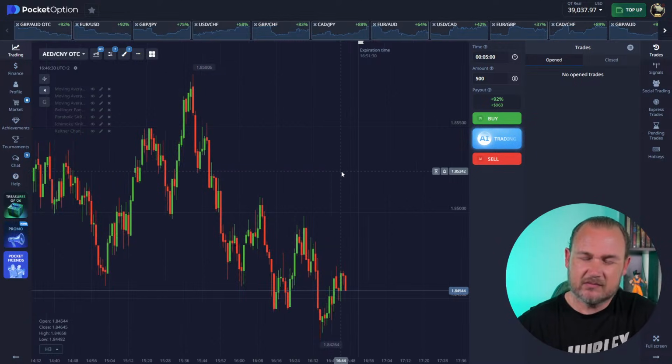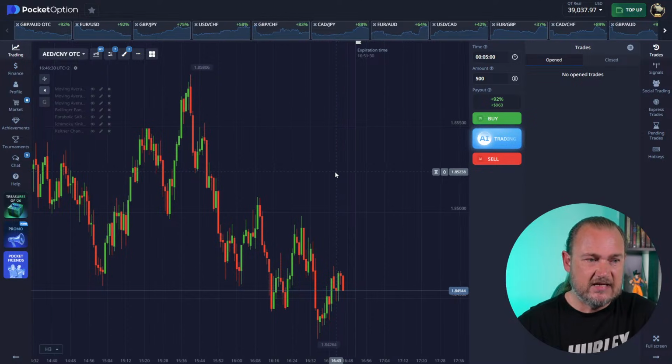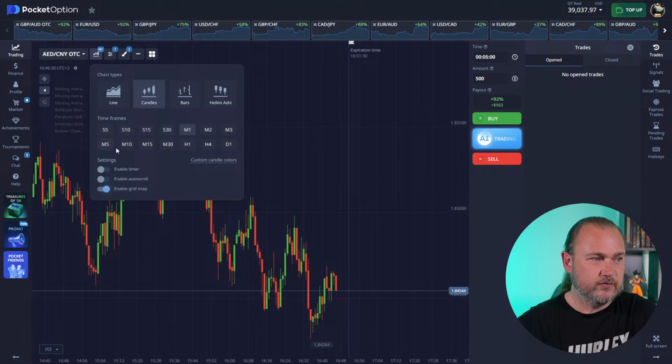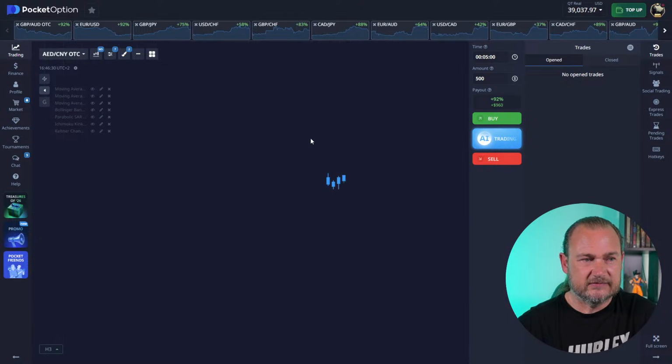Now we can't use it by itself. I'm going to show you guys one of my favorite indicators to combine with support and resistance. I'll do that in a minute, but first let's have a look and see what support and resistance is, and we're going to have a look at how to draw them properly.